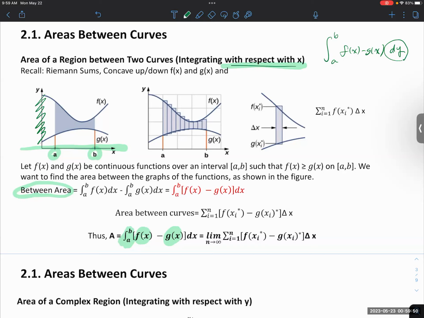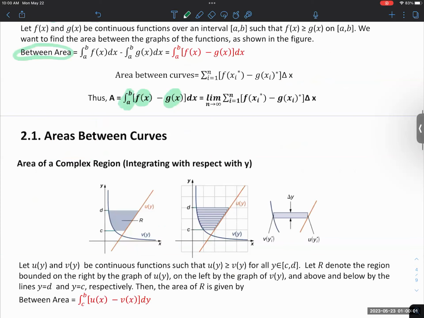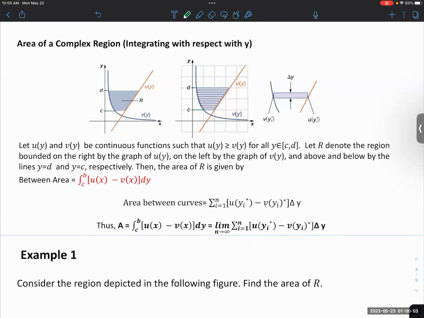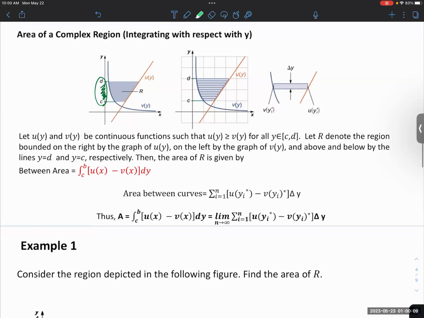So this is with respect to x because the interval A, B is on the x-axis, and the other case we're going to talk about a little bit down. What if your interval C and D is on the y-axis? In that case, simply you find the same thing, the same idea. Let's say we have many infinitely thin rectangles, horizontally, okay?